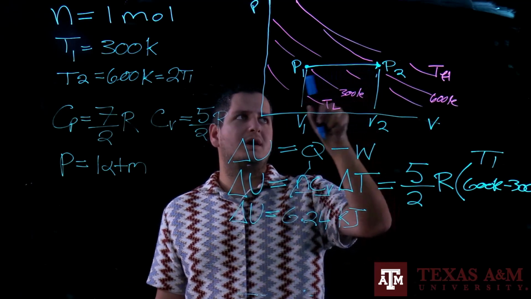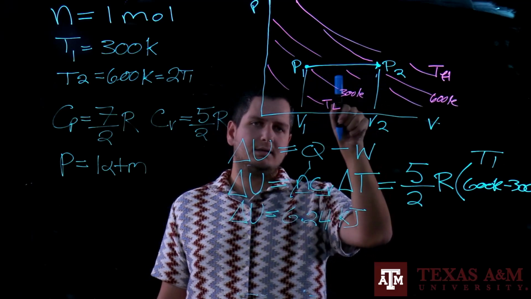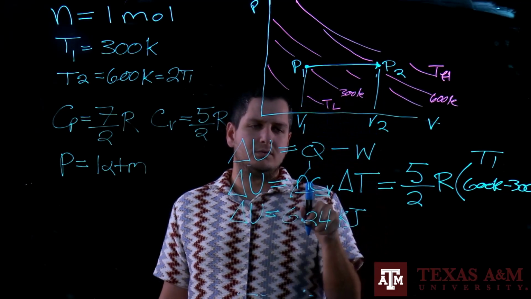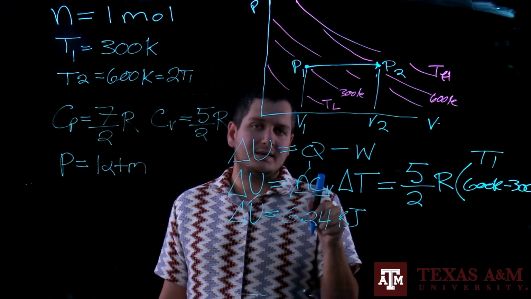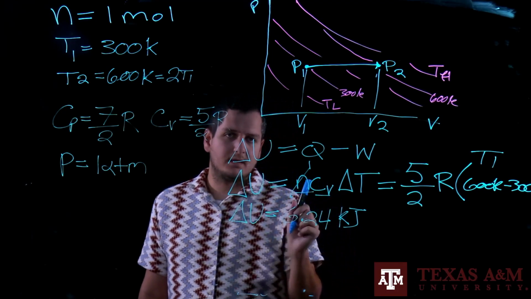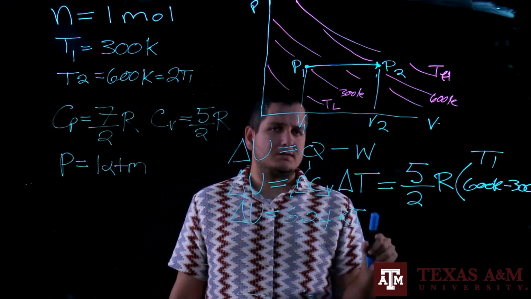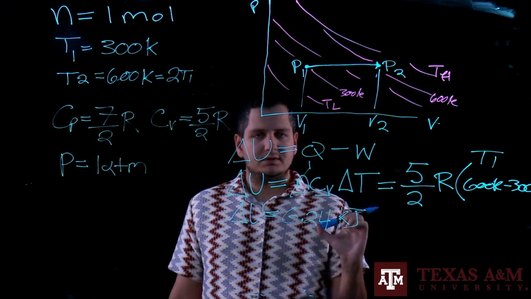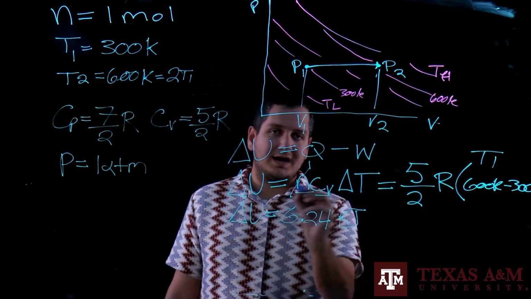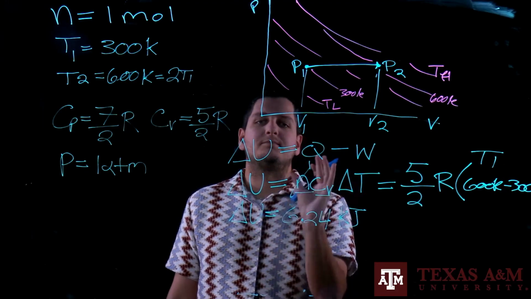Question. We have a process where we are expanding, going from V1 to V2. Is it okay that I use the constant V heat capacity here? Because V is not constant. Yes. So that was something that used to trip me up as a student. This holds true for an ideal gas. It doesn't matter the process.